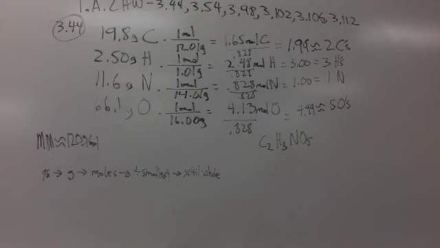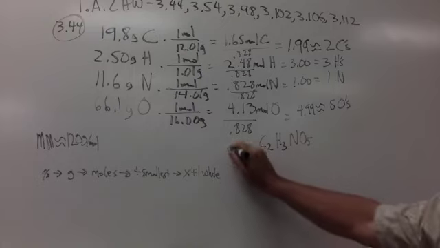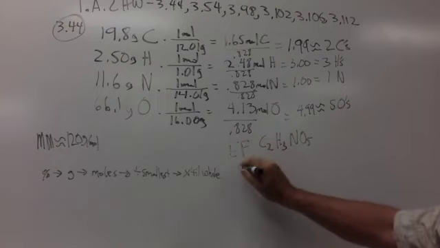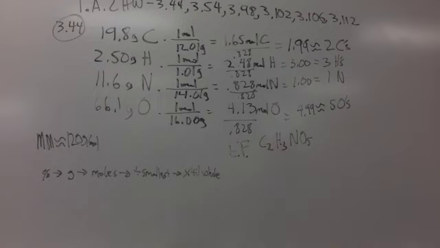Now, when I do the math and round it off, 1.99 for carbon becomes 2. Hydrogen comes out right at 3, and oxygen comes out right around 5. So that means my empirical formula is C2H3NO5.